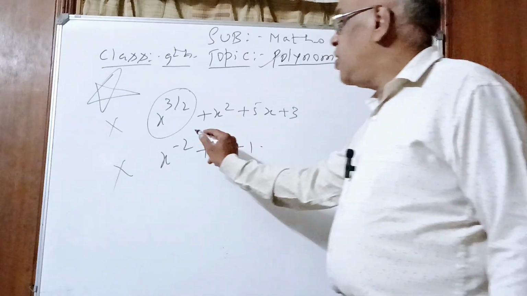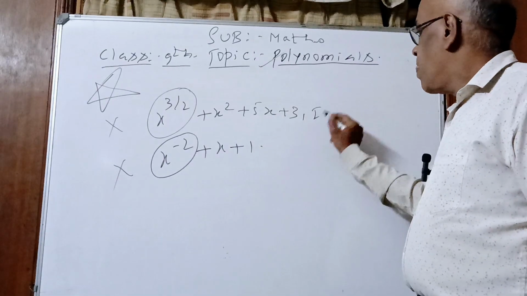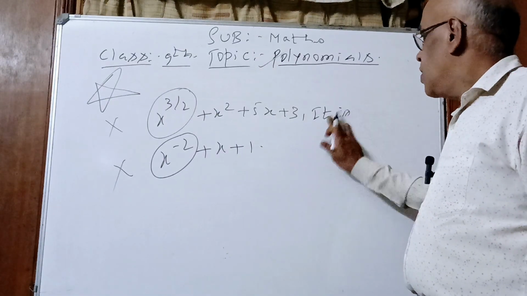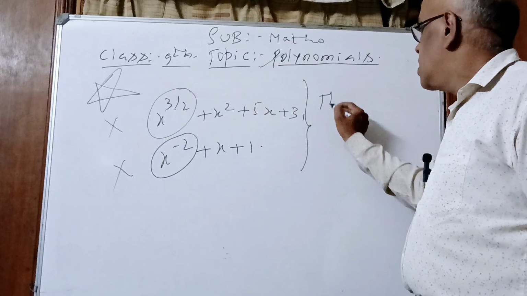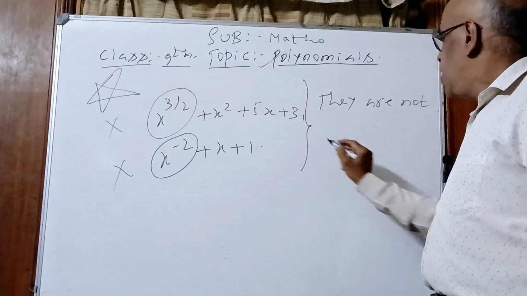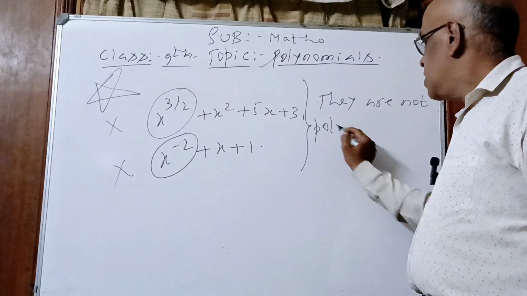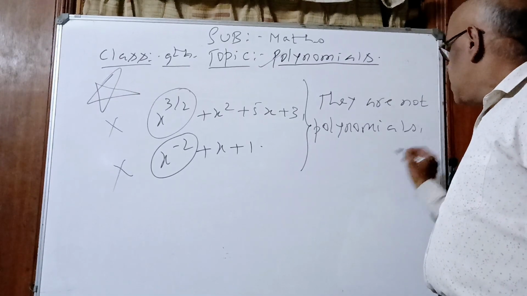Why is it not a polynomial? Because the degree is negative. They are not polynomials. What is the reason?